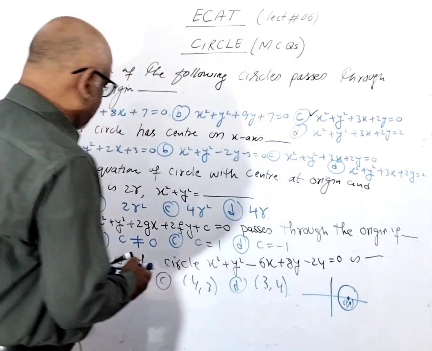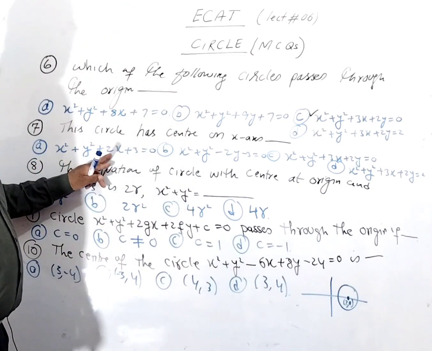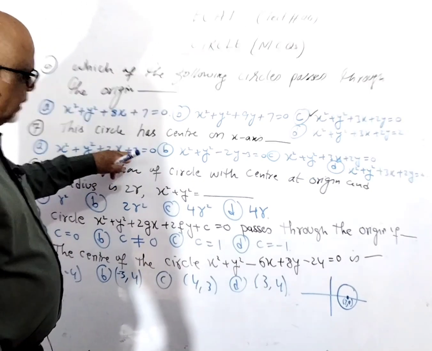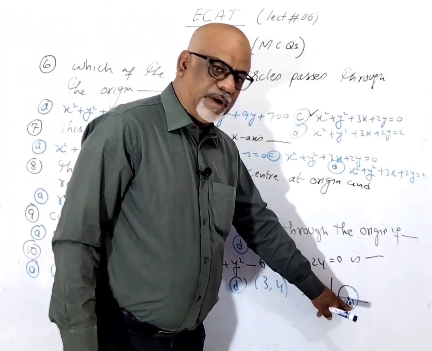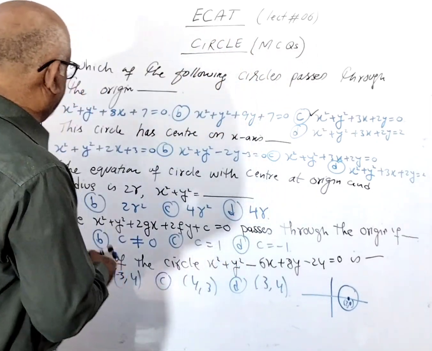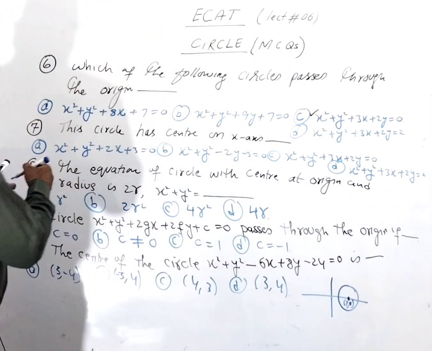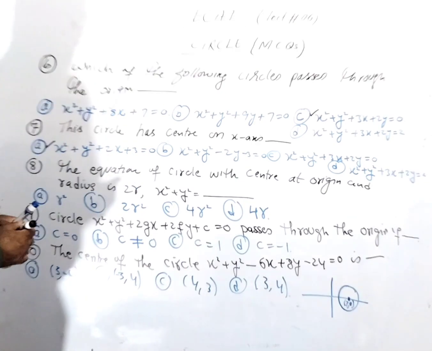So when we are talking about the circle here, x square plus y square plus 2gx and there is no y here. That means the coefficient of y will be equal to 0 because the k component is 0. So the A option is correct for the 7th MCQ here.